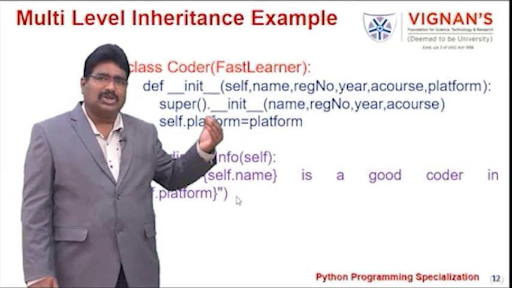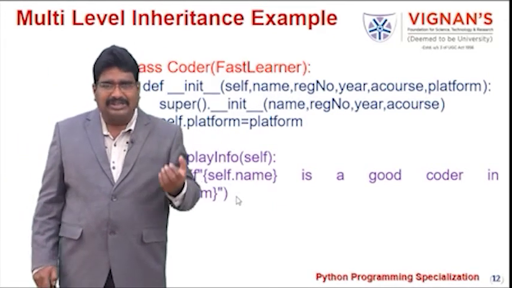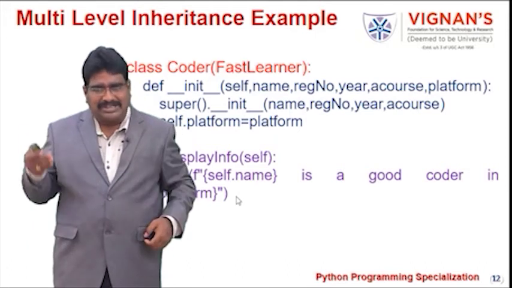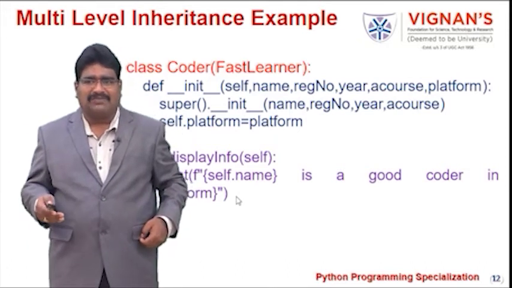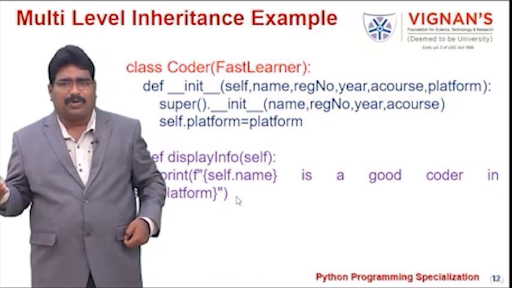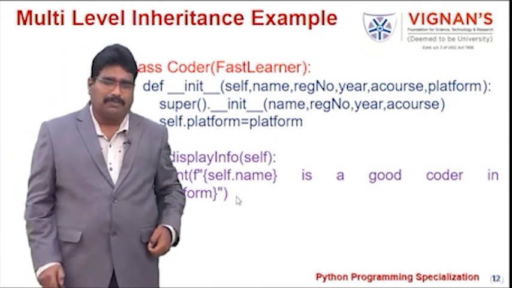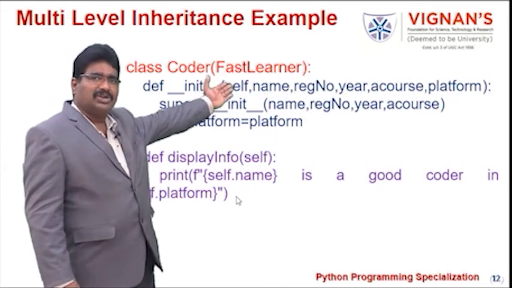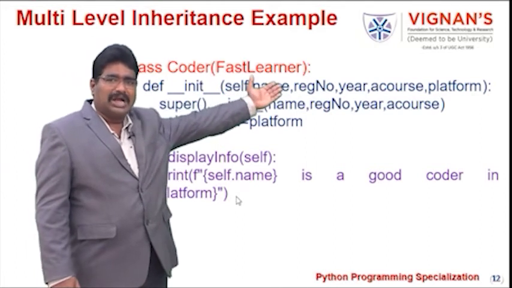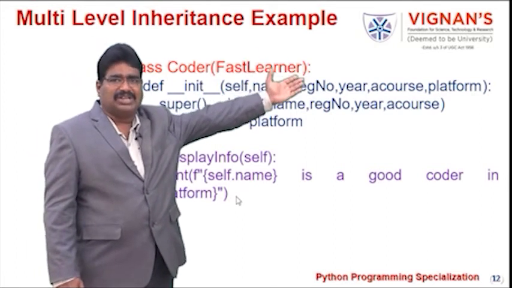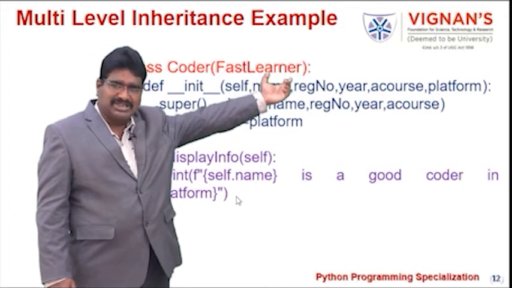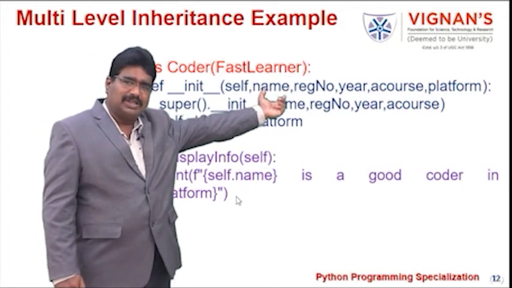We want to define the coder, and maintain on which platform he is practicing more: the Python programming language, or C, or Java, to solve the problems. For that reason, here we define class coder, and it takes the base class fast learner, because of that we are specifying fast learner within the parenthesis.